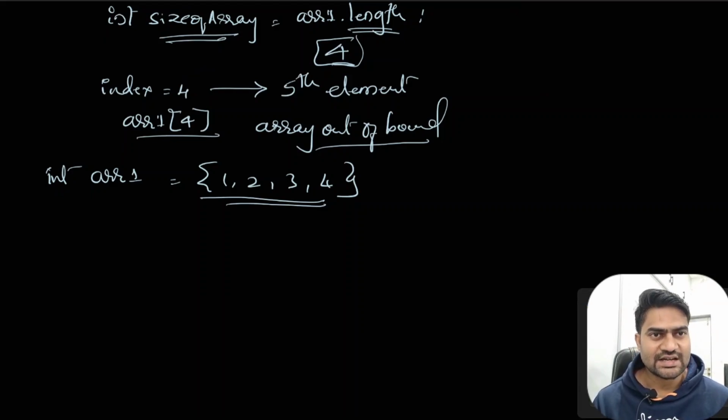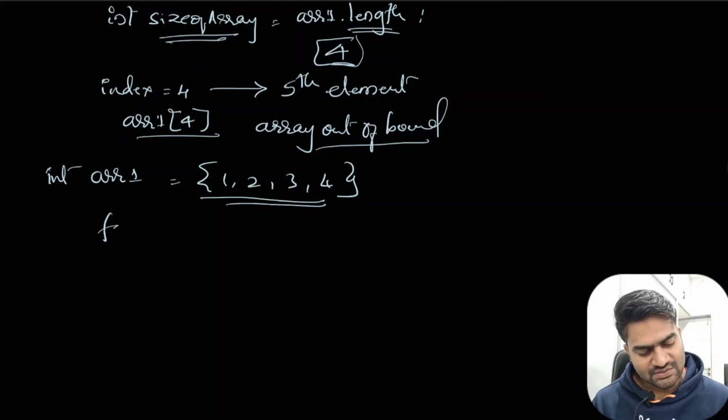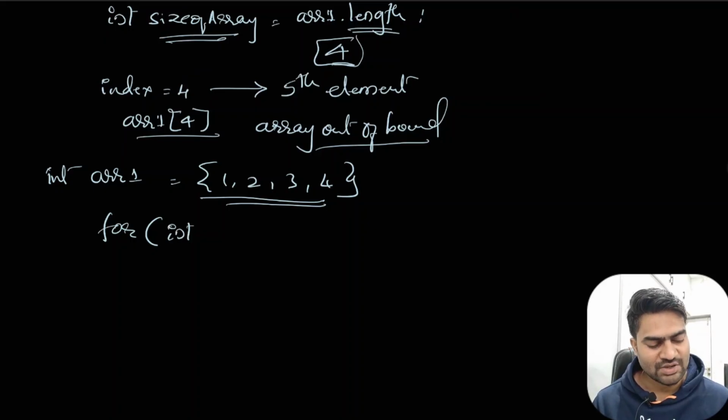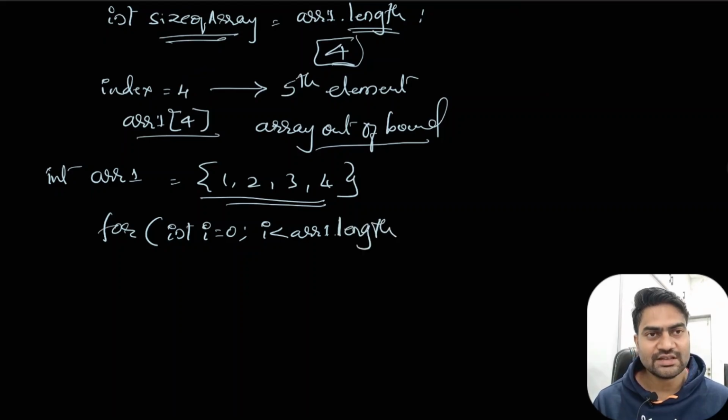We will consider the standard for loop, and you can also use while loop, do while loop, and all those loops. Since it is zero-based indexing, I will use a variable of type int i equal to 0, then i less than arr1 dot length, which gives me the size of the array, then i plus plus, and inside this I will do whatever I want to do.